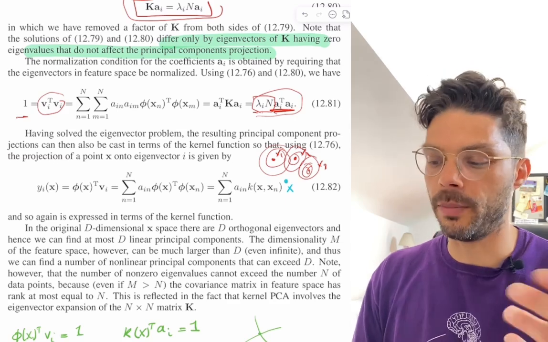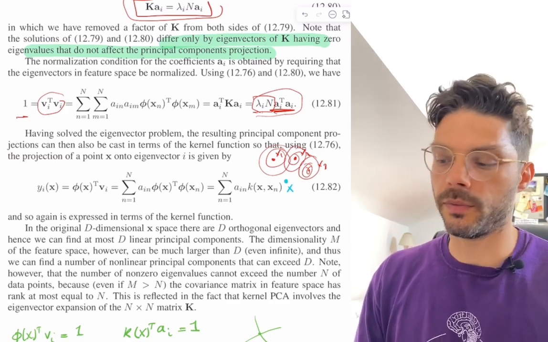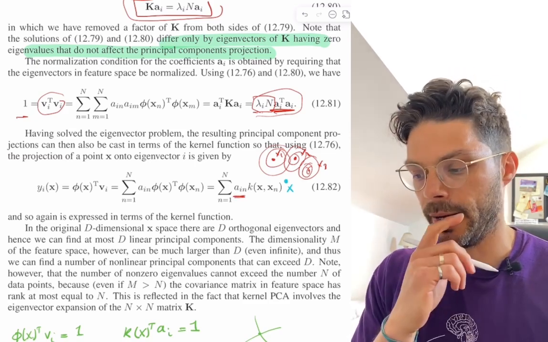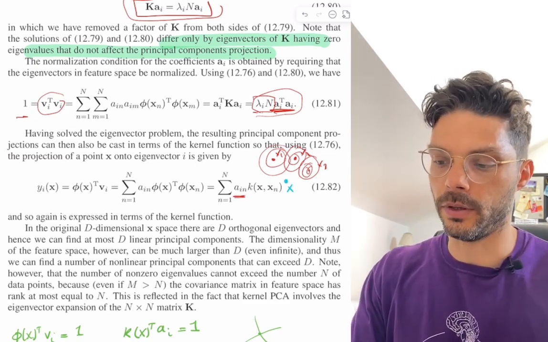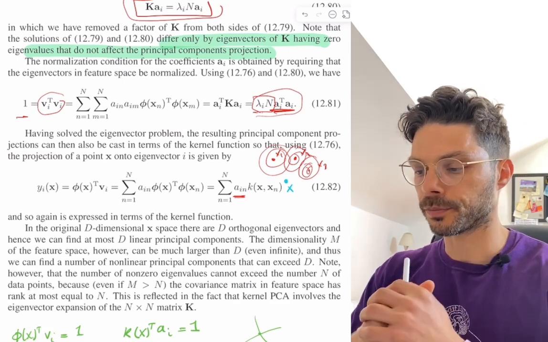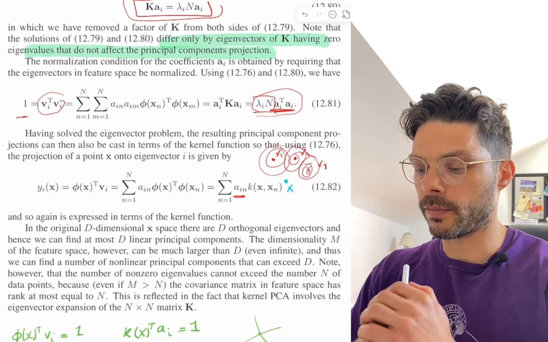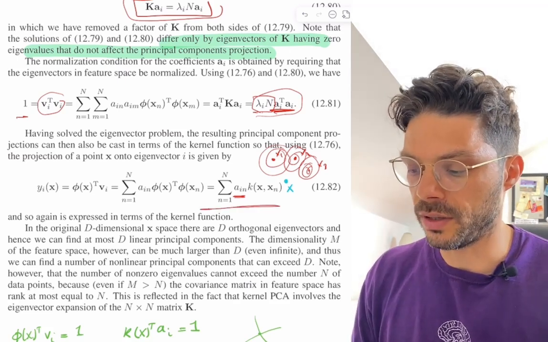And you do a weighted combination of the contributions from each of those data points according to these weights that are coming from your eigenvalue equation. So that's kind of what this expression here says.